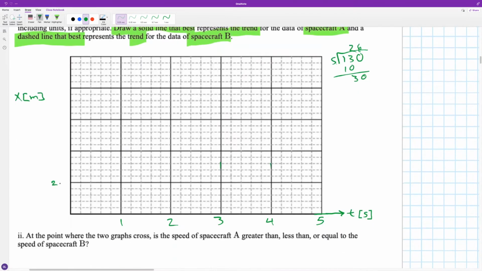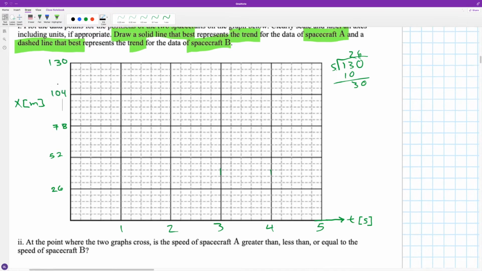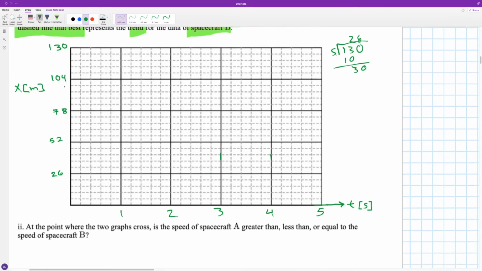So we'll do 26, 52, then adding another 26, that's 78. We know the last has to be 130. In case you have difficulty adding 26, take away 26 from 130. That's 104.